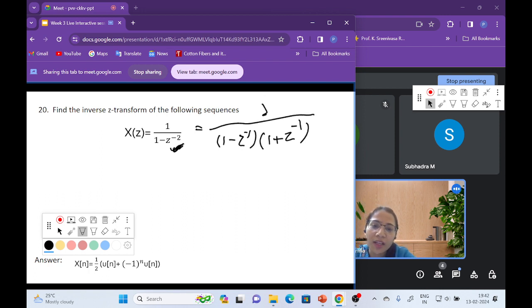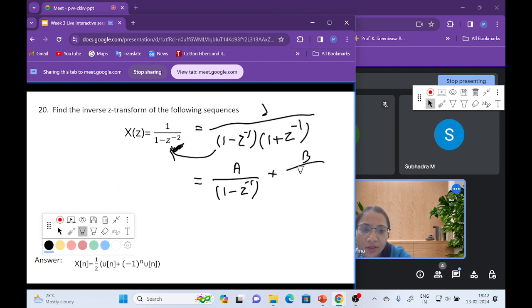When you multiply these two, you will get this one. So in the partial fraction, we have to find A over 1 minus z inverse plus B over 1 plus z inverse. First try to find out the A and B values. How will you find out the values of A and B?